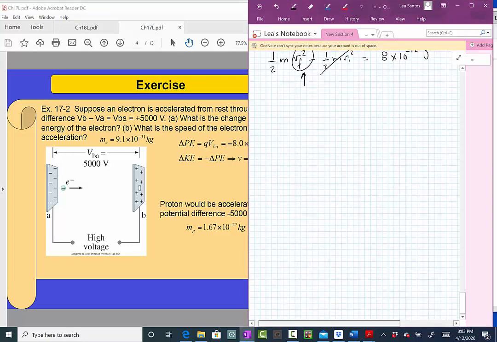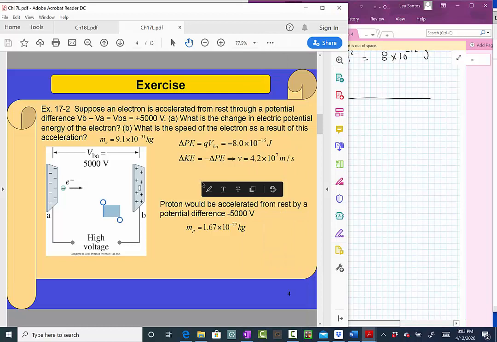Okay, so then we can solve the same problem for a proton. In the way they write the problem, if you read the book, they say the proton would be accelerated from rest, same story again, but by a potential difference of minus 5,000 volts. That's not how it's usually written in a problem, okay? What they are telling us is already that the proton is going to go from high potential to low potential, but that's not how the problem usually gives us the potential difference.